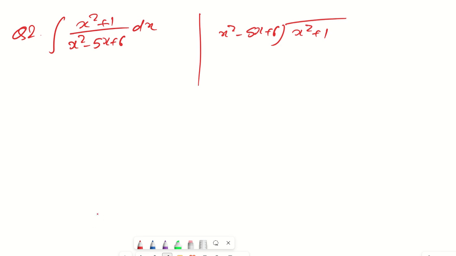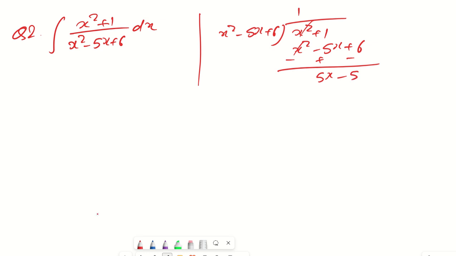We can do that as it will be 1. So it will become how much? We have x square minus 5x plus 6. Now if you do the subtraction, then minus plus minus. So we are going to get this cancelled, and this will be my 5x, and plus 1 is there, and minus 6 is there. So that is going to be minus 5.